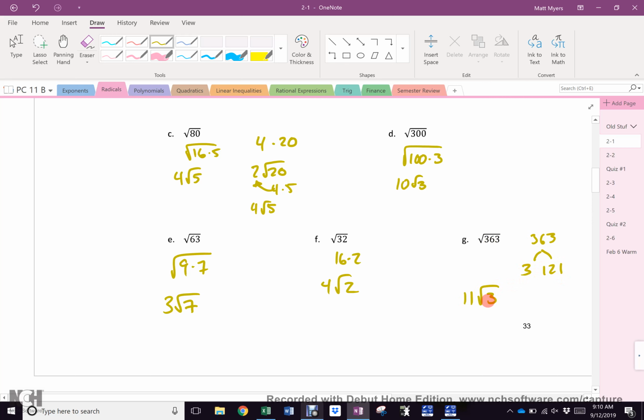Great. Now, I remind you all, if you were in my grade 10 class, what did I tell you would be super helpful to do with perfect squares? Memorize the first 20. I even made you write it down.